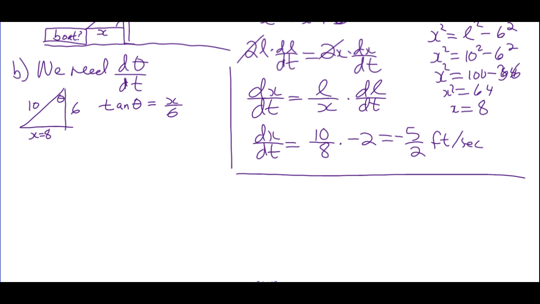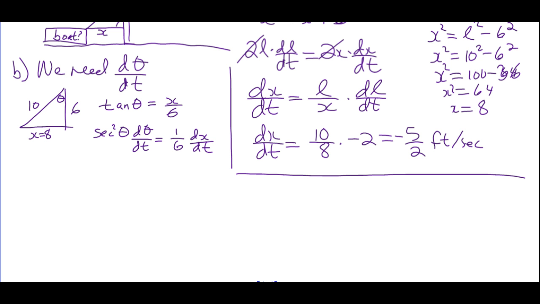The derivative of tan is secant squared, so we get secant squared theta times d theta by dt is equal to 1/6 dx by dt.